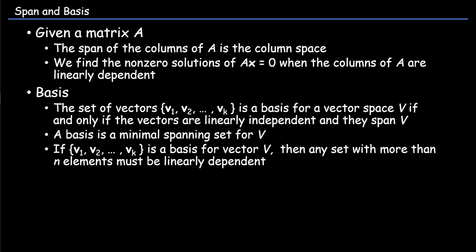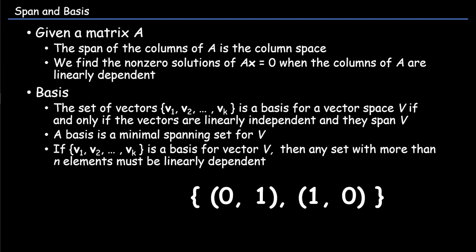A good example of this is when you're working with a two-dimensional coordinate system. You have your x coordinates and your y coordinates, so that's going to be 0 1 and 1 0. That's going to be in our set, so 1 0 and 0 1.